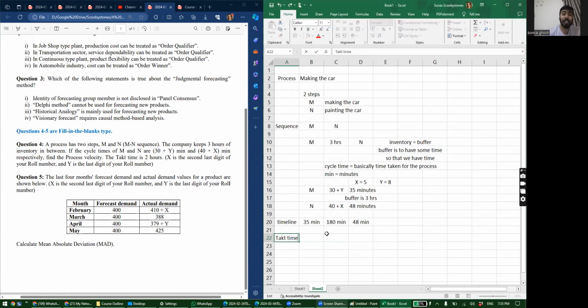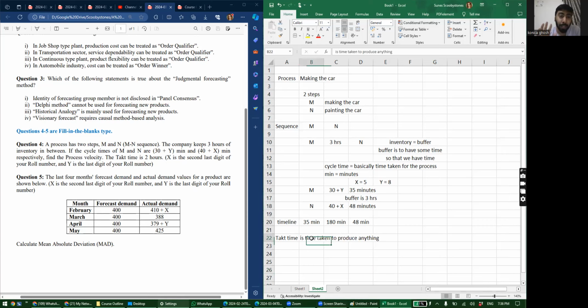Let's say, like the previous example, 400 is the forecast demand. Maruti has a total of 400 units that they have to produce. Takt time is nothing but the time it takes to produce one unit.